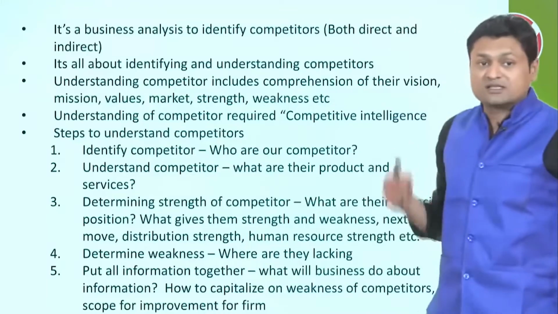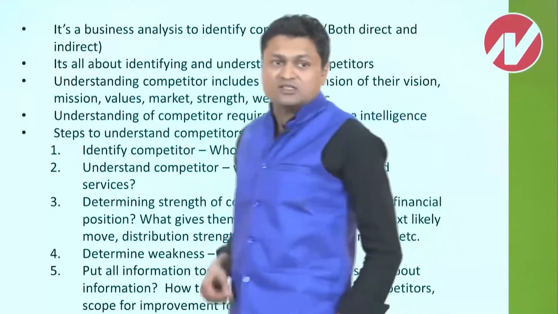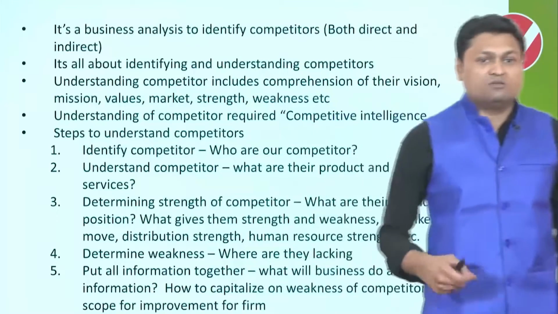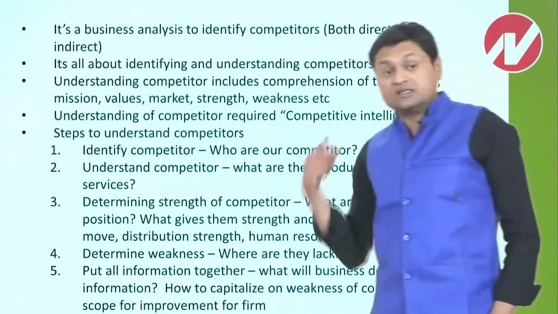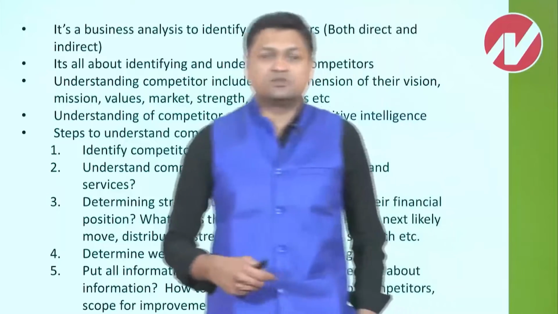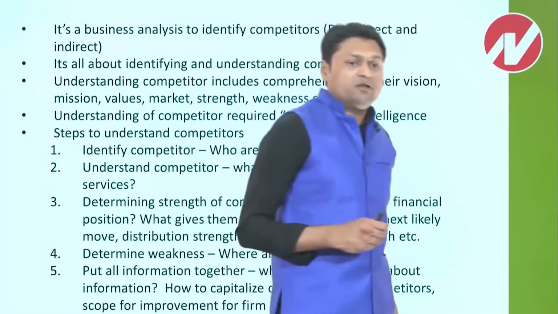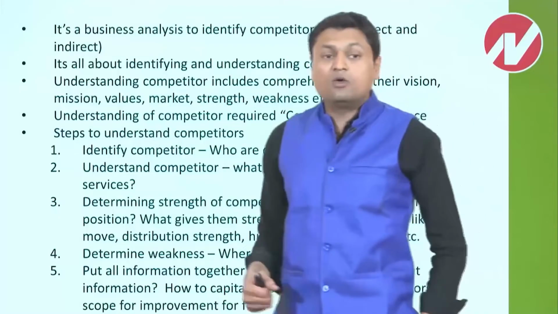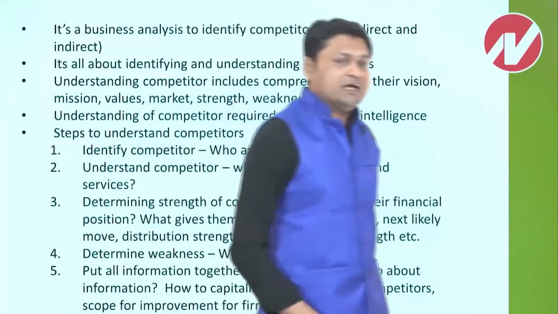Then, determining the strength of the competitor. What is their financial position, their strengths, their likely moves, their distribution strength, their human resource strength, and their brand value in the market? These things will give you an idea of how strong a competitor is in the market.